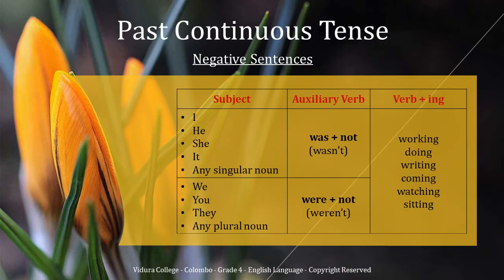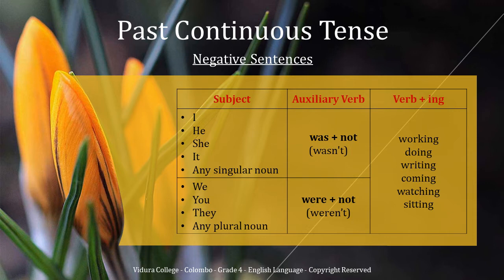Past continuous tense negative sentences. Here I have copied down the same table I have given you for the affirmative sentences. But here I have done a slight change to the second column. I have added a small word after the helping verb.